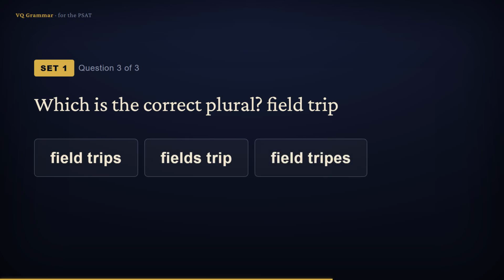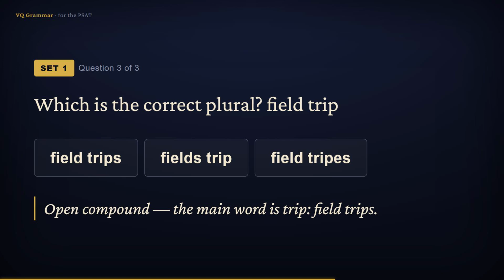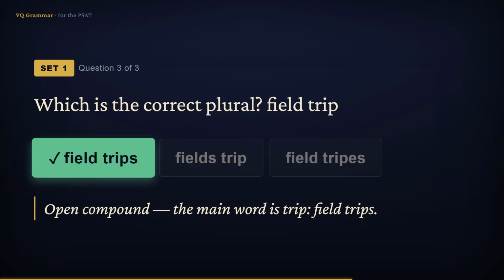Make field trip plural. These are separate words, so we make the most important word plural. Field just describes it. The real noun is trip, so the plural goes on trip. Field trips. So the answer is field trips.